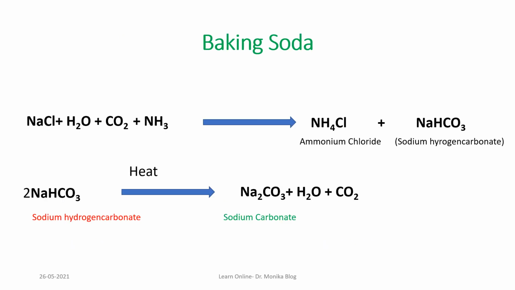So now we will study what is baking soda. Baking soda, you might have heard this name. It is used for making tasty crispies, pakoda in the kitchen, and it is also used for faster cooking. Now how is it formed? When NaCl combines with water, carbon dioxide and ammonia, then the formation of the product ammonium chloride, that is NH4Cl, plus sodium hydrogen carbonate takes place.